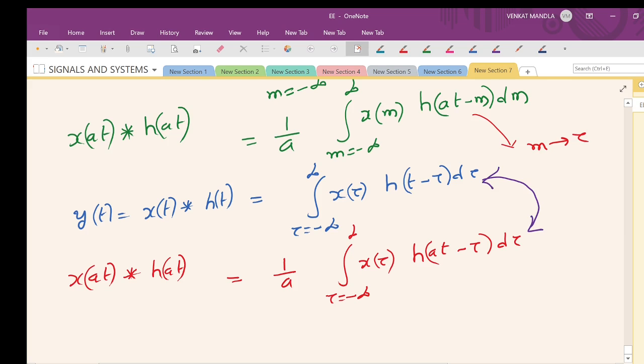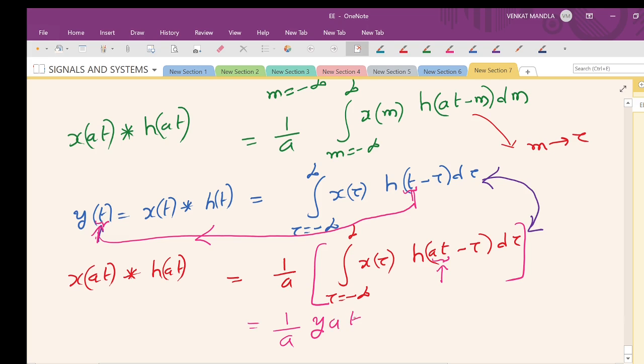So from these two equations, this is y of t, this is the argument t, y of t. Here t is there, but here a t is there. So what you have to put in this? 1 by a, if t is there, y of t. If a t is there, y of a t.